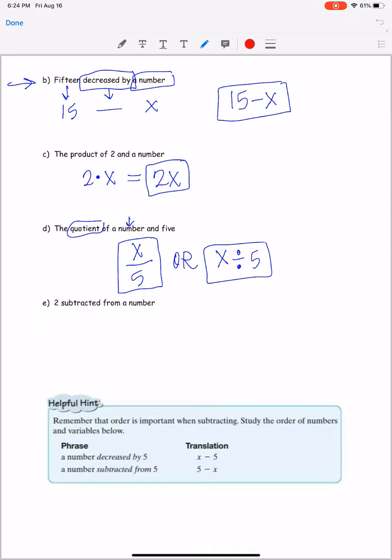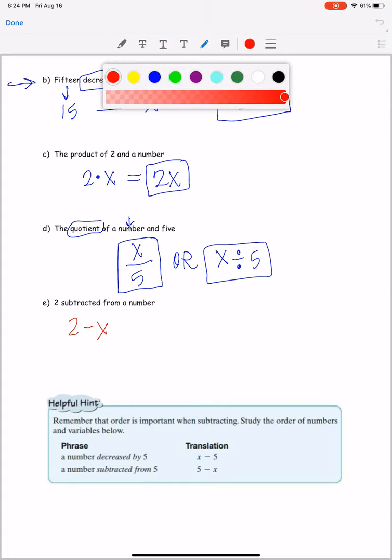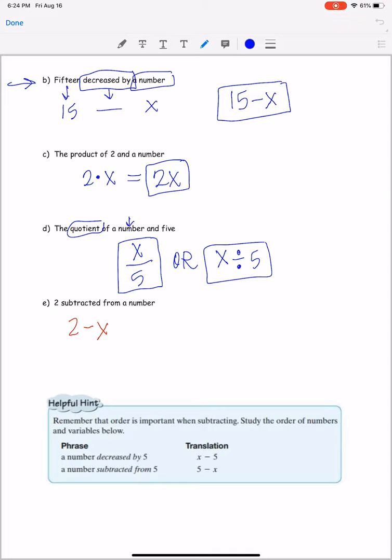It's very tempting to do 2 minus x. Since the 2 comes first, we're subtracting and then a number. But the order of these words will actually kind of be against us. This is not the correct answer.